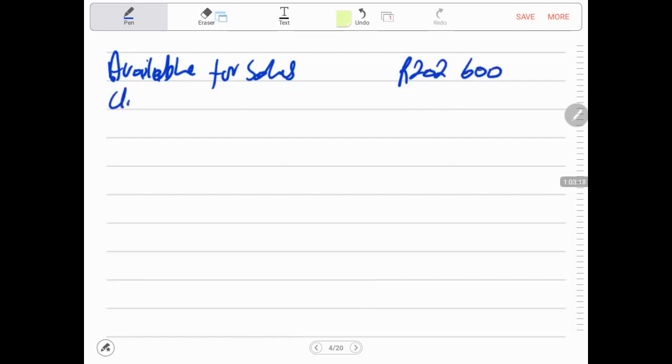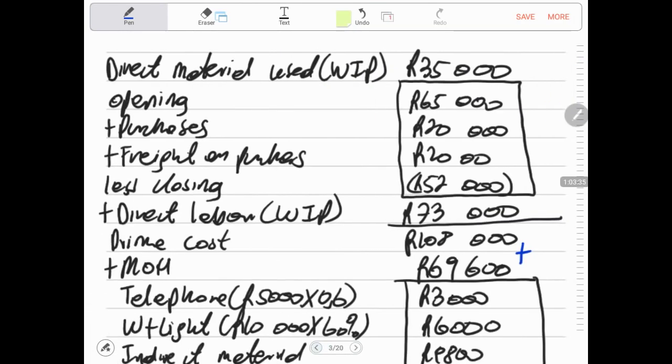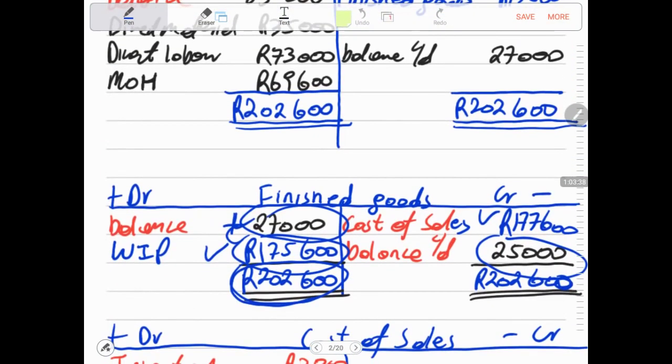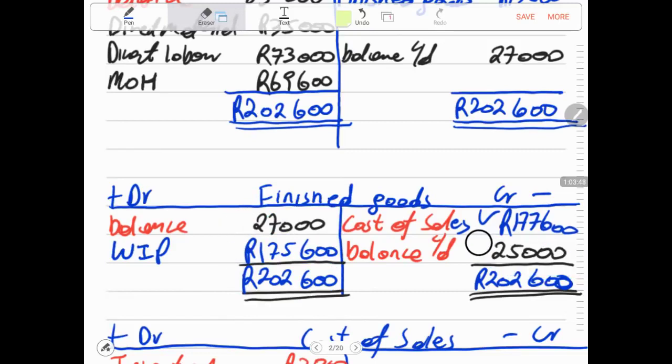Therefore, now we say less closing finished goods. And when I subtract my closing finished goods, which I think is 25,000 rands, yes, closing finished goods being 25,000 rands, deducting that from 202,600, it will give me a total of 177,600 rands.